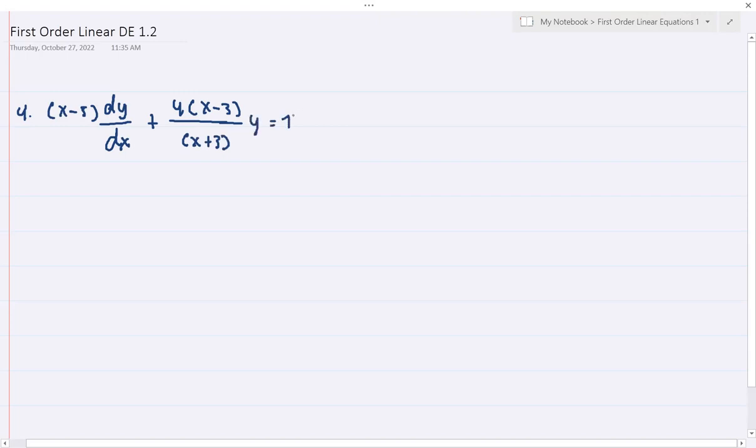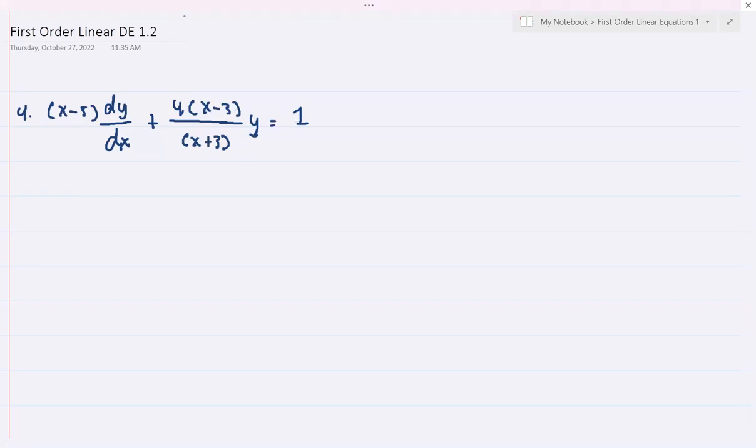So this one is actually challenging. If you observe it, it is challenging because first, we have a binomial as a coefficient for dy all over dx. Then we have a rational expression for your y. It seems challenging, but again, it's worth a try. So first and foremost, make it into standard form.